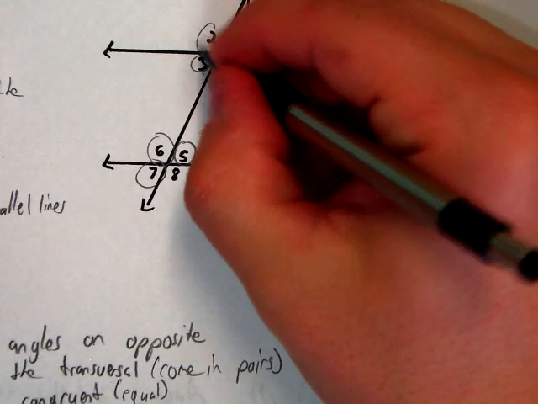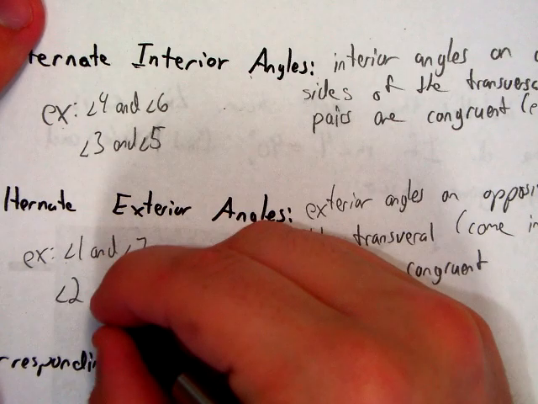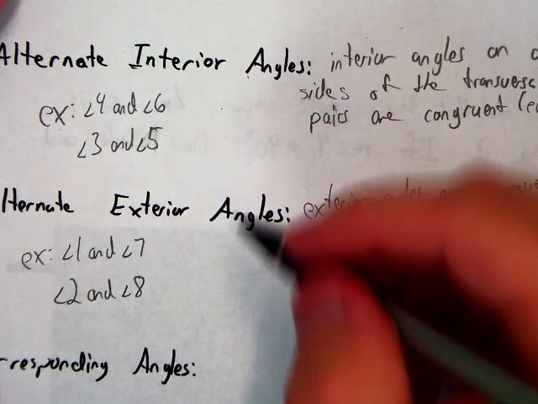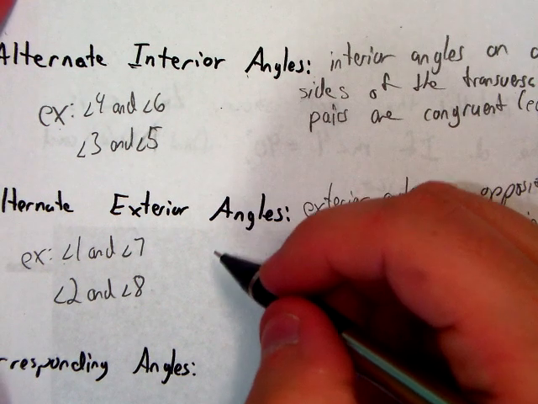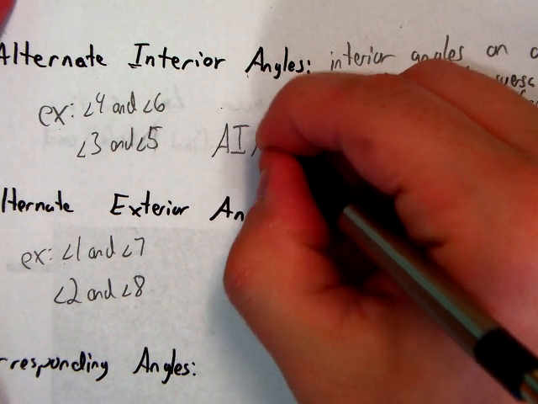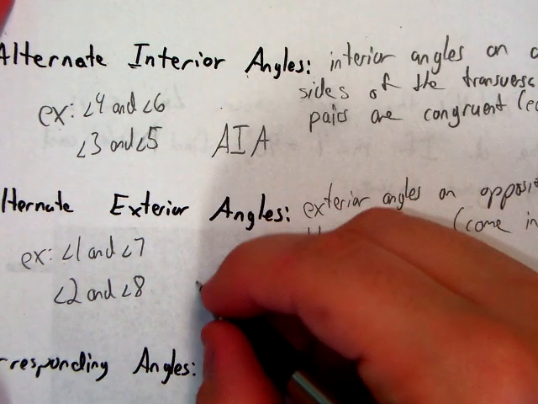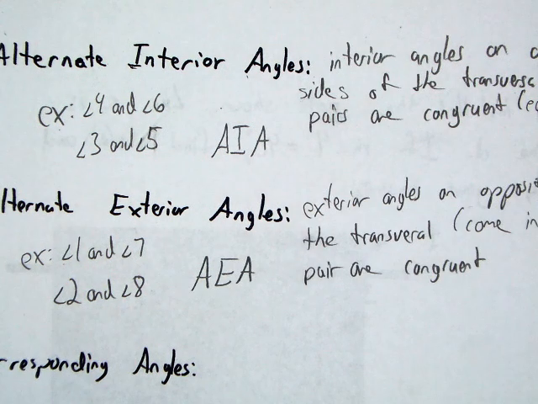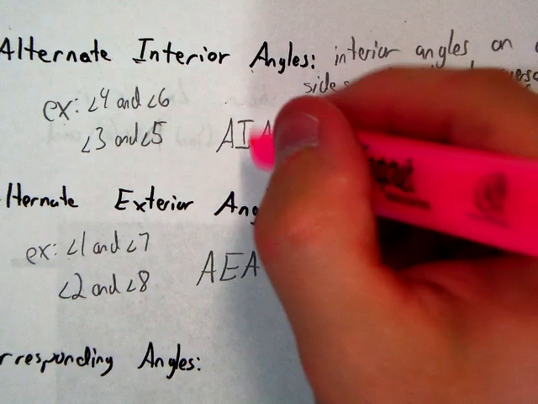And the other pair would be 2 and 8. Now, with alternate interior and alternate exterior angles, we can abbreviate them as AIA and AEA. Those are some abbreviations that we can use.